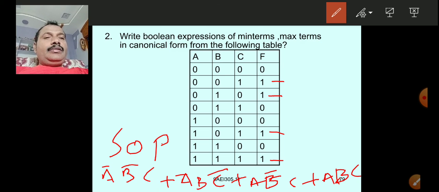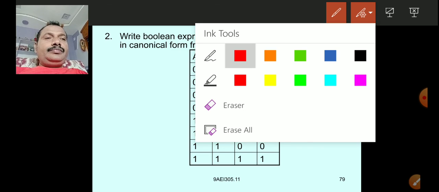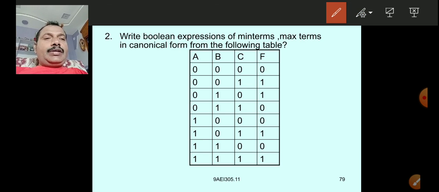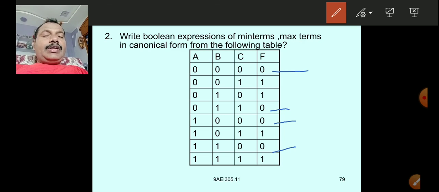So let us write a POS form for this. How to write the POS form? You have to take the outputs for zeros. POS means maxterms, or zeros. So let us write the expression f equals a plus b plus c.